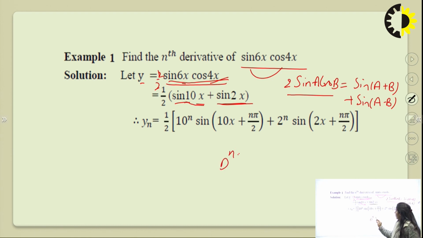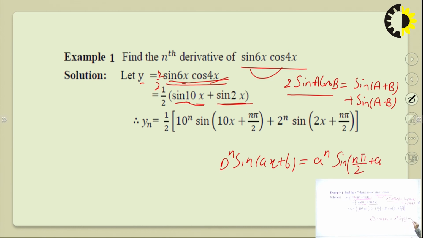The nth derivative of sin ax plus b is equal to, we have already found this nth derivative, a power n sin of n pi by 2 plus ax plus b. So we will put a is equal to 10, b is equal to 0 in this formula, then we will get this. And now put a is equal to 2 and b is equal to 0, then we will get this nth derivative.